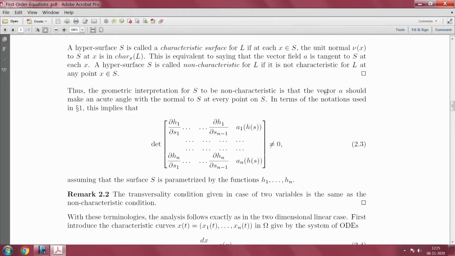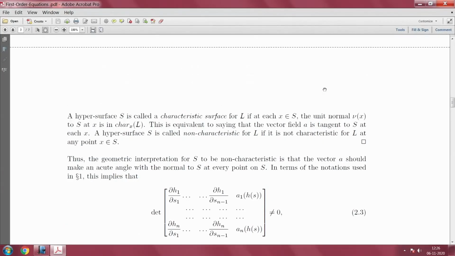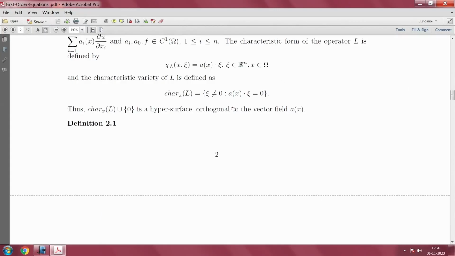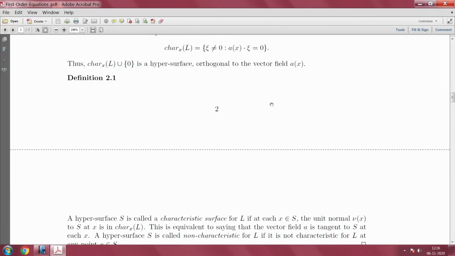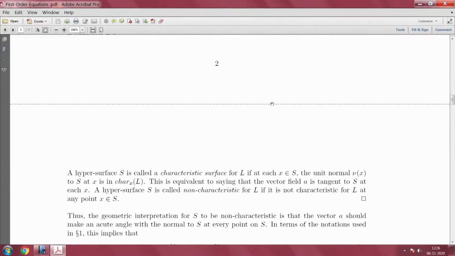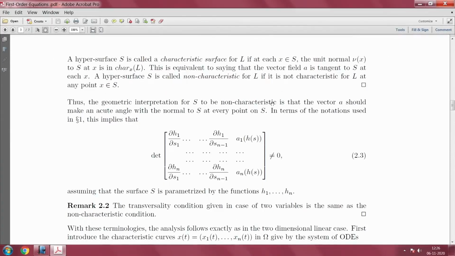Again, if you go back and see the non-characteristic condition, this unit normal should not be perpendicular to that vector A, and then you translate that into the parametric functions h 1, h 2, h n defining the surface, and you arrive at this determinant condition.